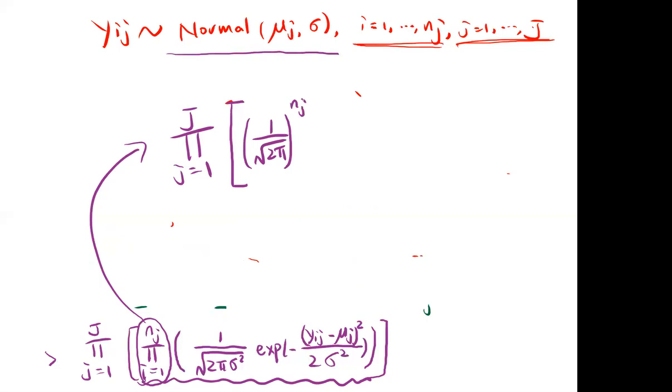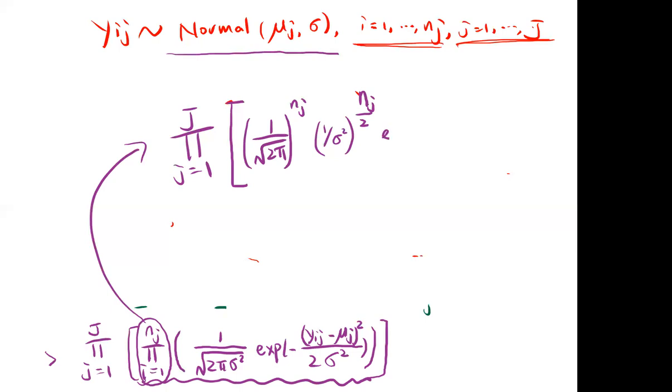And for sigma, earlier I was saying that sigma is a standard deviation, but we put priors on 1 over sigma squared, so I recommend you just work with 1 over sigma squared. Down here, we take the square root of that, so it's going to be 1/2, but because we have nj copies of them, it's nj.